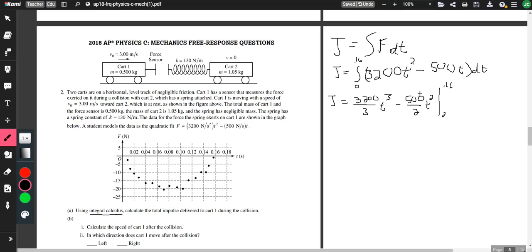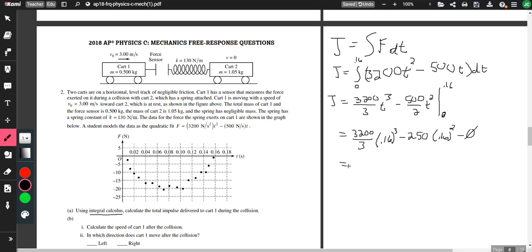So what I end up getting, this one actually doesn't have that great of a conversion, so I'll just leave it as is: 3200 divided by 3 times 0.16 cubed, minus 250 times 0.16 squared. And when I plug in 0, it's just going to be 0 minus 0, so that whole part drops down to 0.